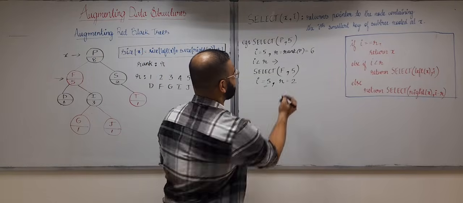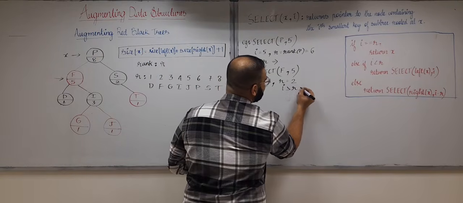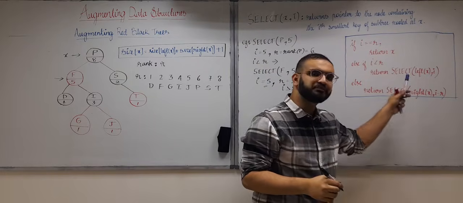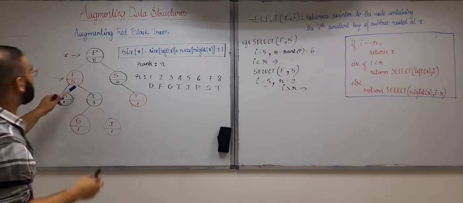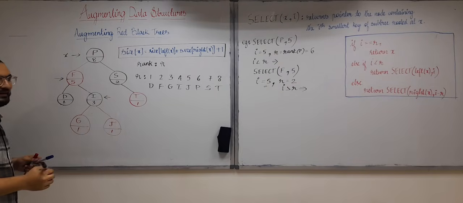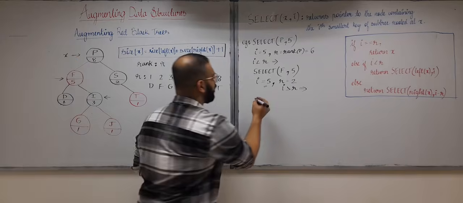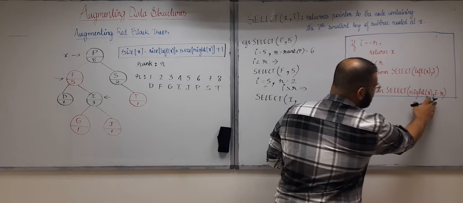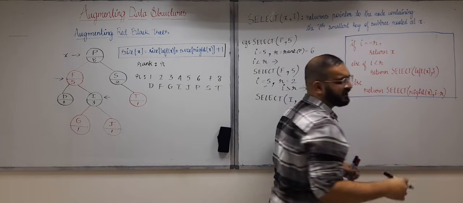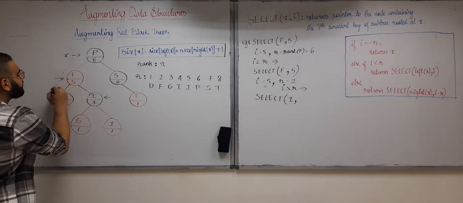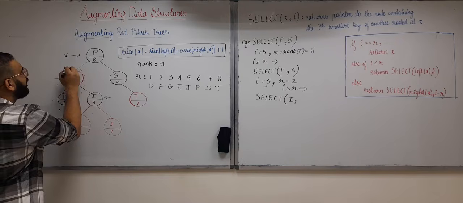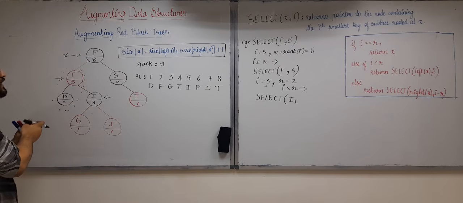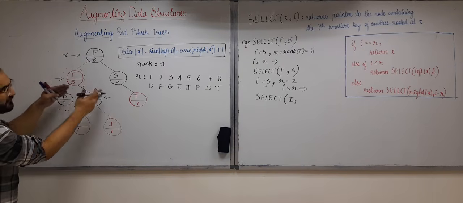So in such a case where i is greater than r, you do a recursive call on the right child. So now from f we will go to I, and our next recursive call will be select(I, i minus r). Why? All these nodes, that is f and its entire left subtree, are smaller than where we are going.